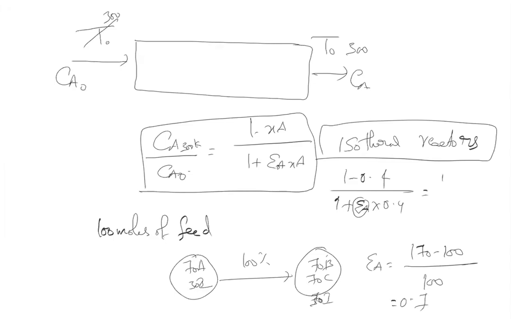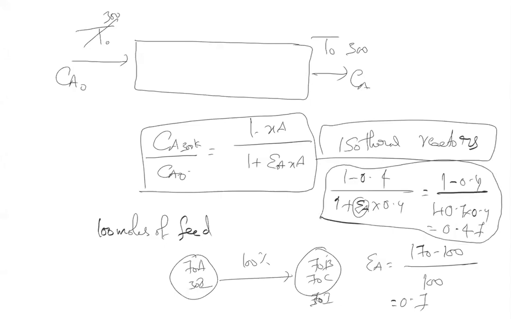So this is 1 minus 0.4 divided by 1 plus 0.7 into 0.4, which is 0.45, or let's say 0.47. Clear? So the ratio of concentrations is 0.47.